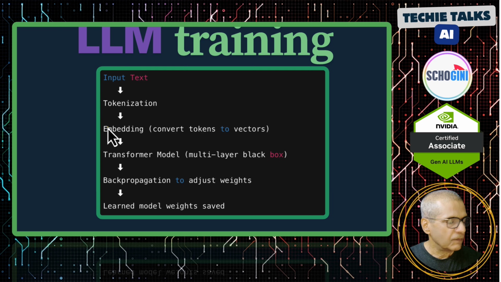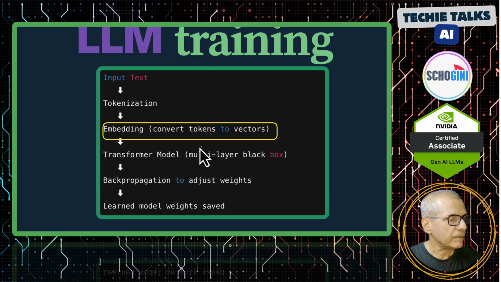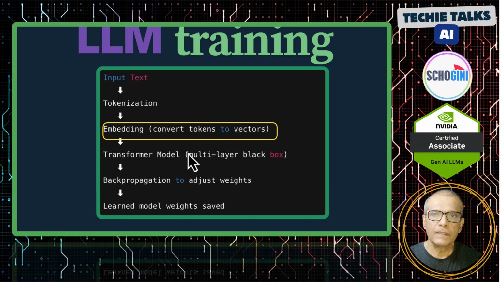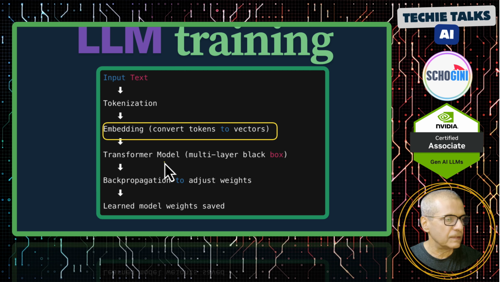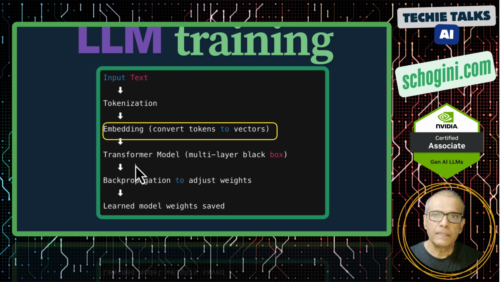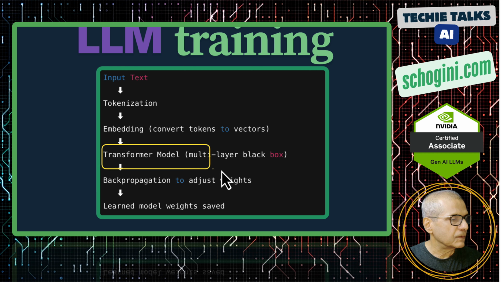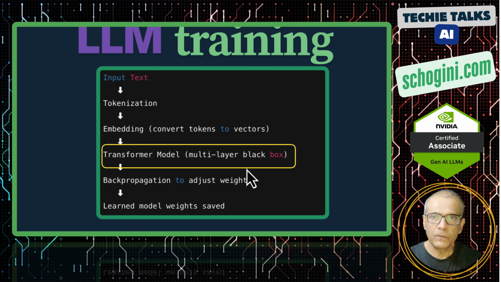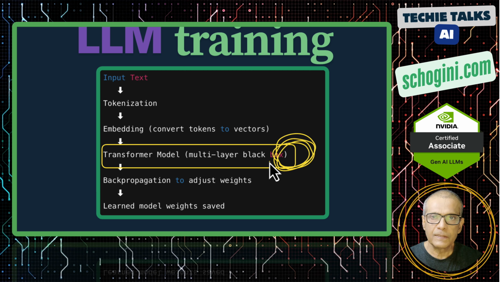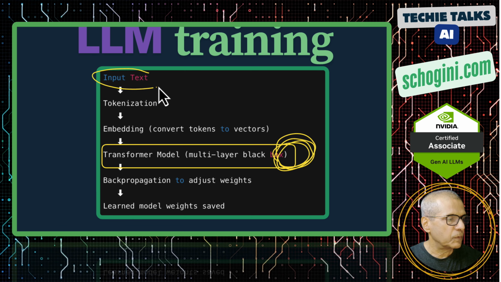Then we will convert this into embeddings. These embeddings are again numbers, but they have deep meaning around them. These numbers are called vectors. They are hyperdimensional coordinates depicting the meaning of those tokens. Then comes the magic. This is a multi-layer deep neural network which will iterate to learn and create weights and biases based on the input text.